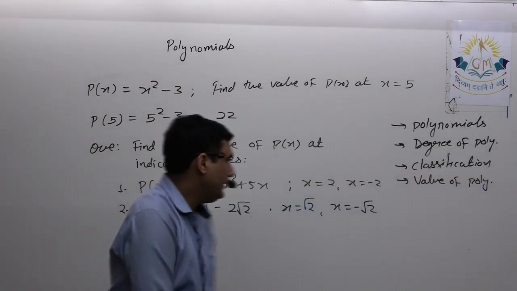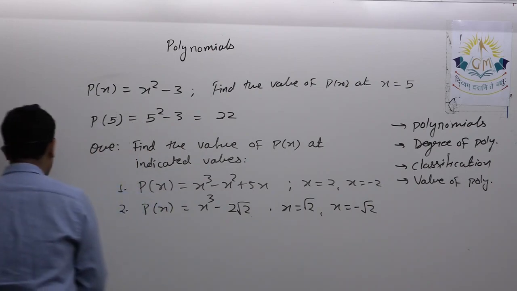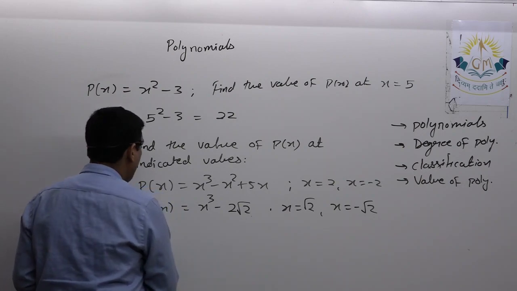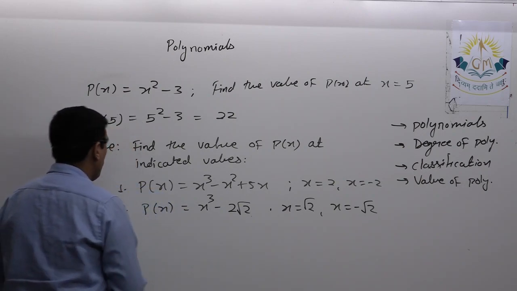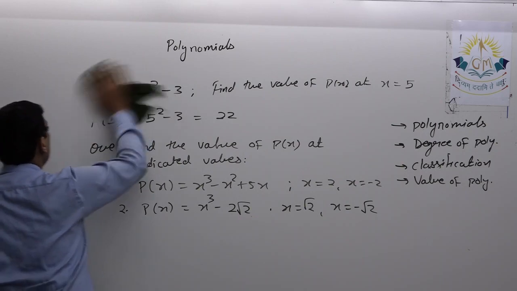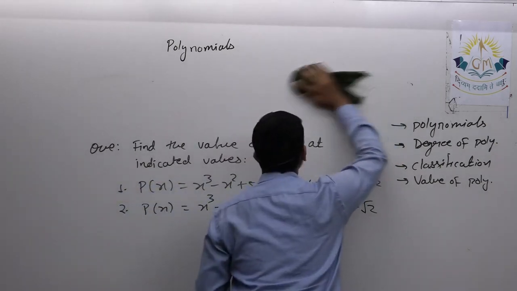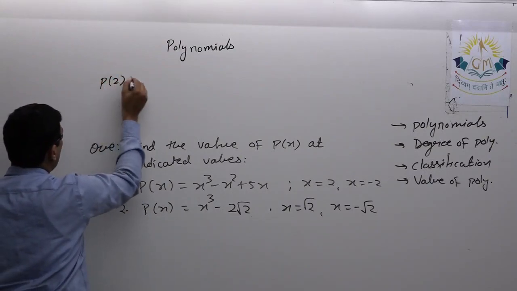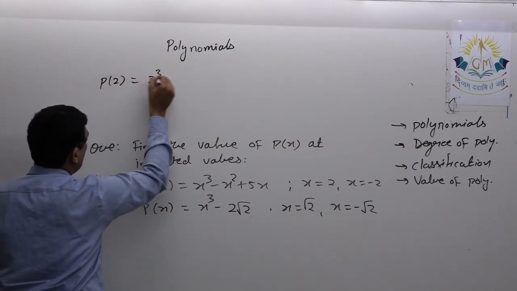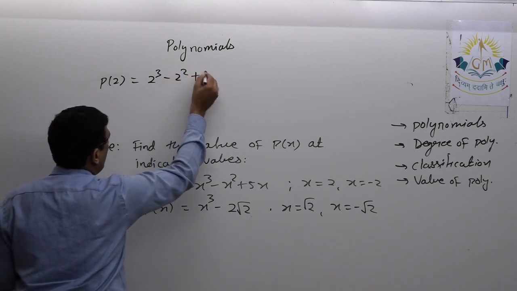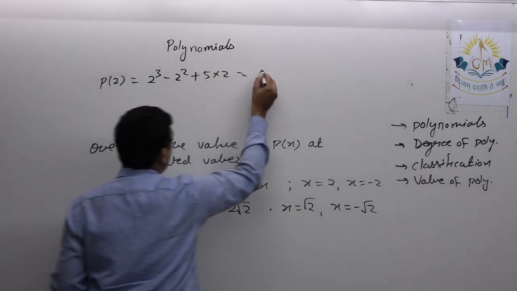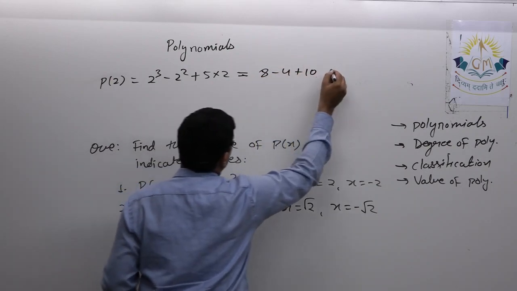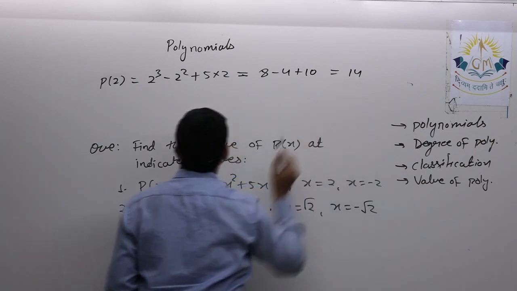Okay, now we'll see their solutions, as well as I will tell you the next concept. So here we have to find the value of this polynomial at x equal to 2. It's not that difficult. Simply you have to put x equal to 2. So p(2) is equal to 2 cube minus 2 square plus 5 into 2, that is 8 minus 4 plus 10, 18 minus 4, 14.